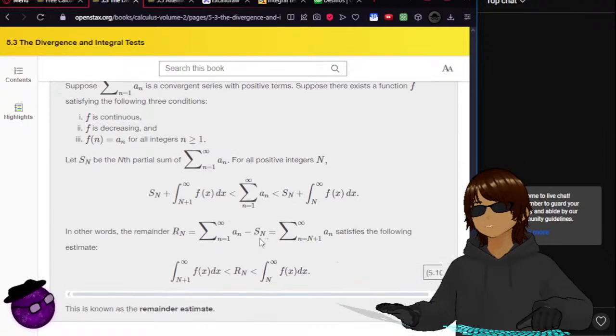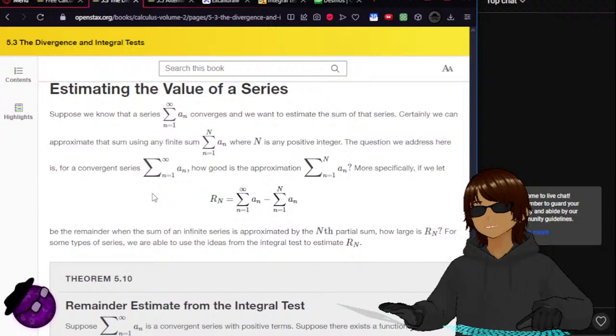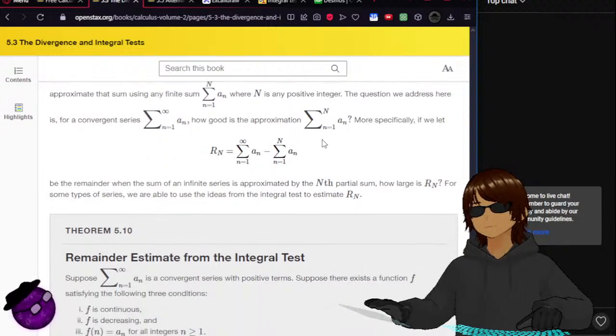Okay, this part confuses me a little. Suppose a and there exists a function continuous decreasing. Okay, I understand this.